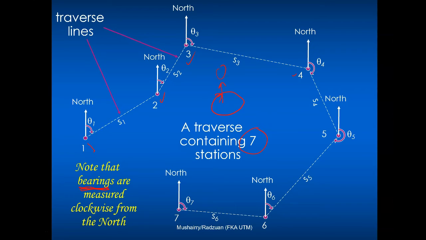Imagine that you have all the bearings and all the distances. If you are given x and y of point 1, there shouldn't be any problem to calculate 2, and therefore 3, and subsequently 4, 5, 6, and the rest of the stations in the traverse link, or in the traverse system.